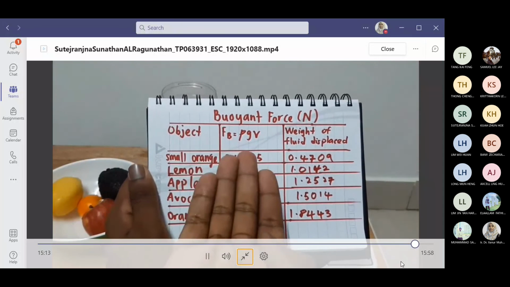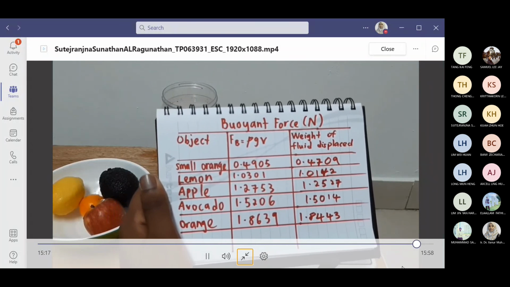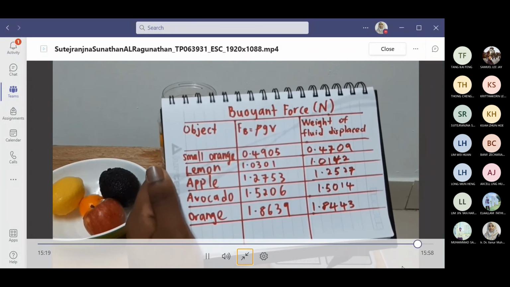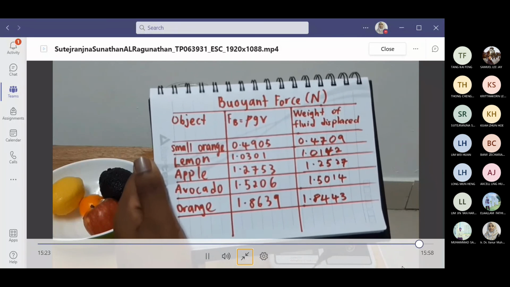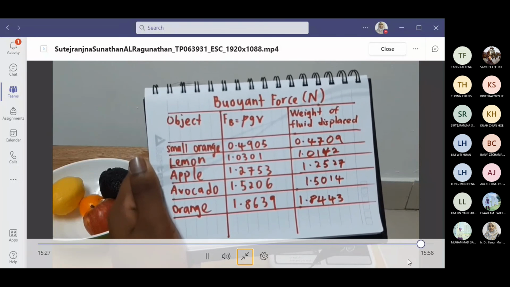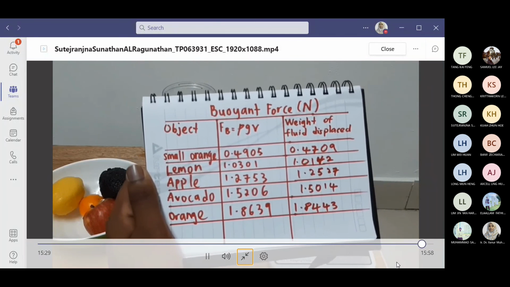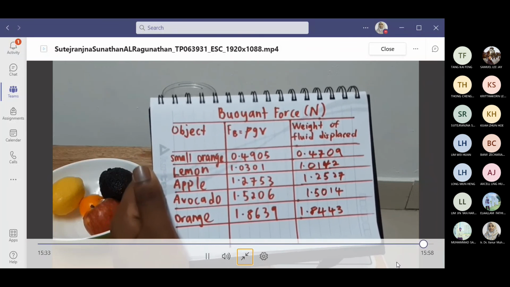Or maybe gravity is not 9.81. As we all know, gravity changes from place to place, and maybe the gravity at my home right now is not 9.81 and it's something else. All these small factors can affect the reading a little.